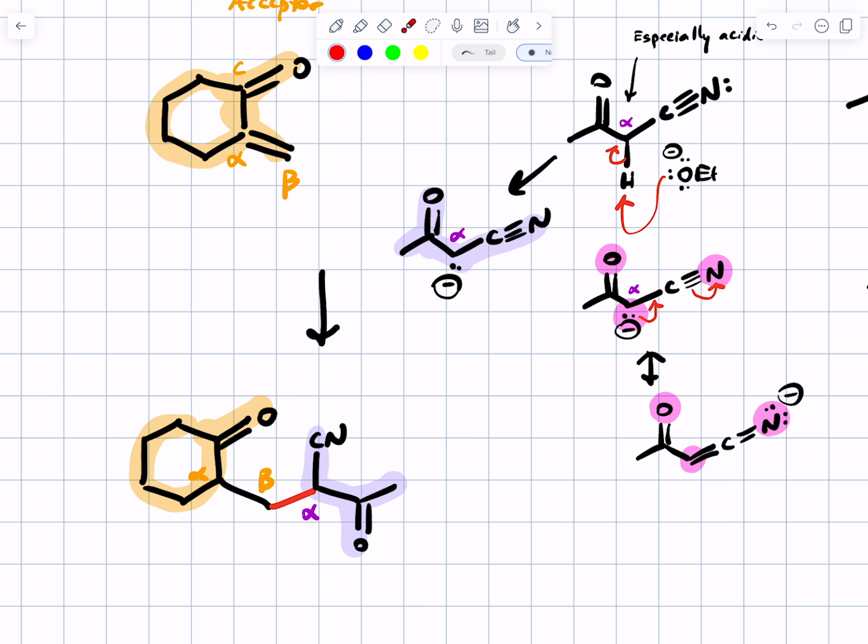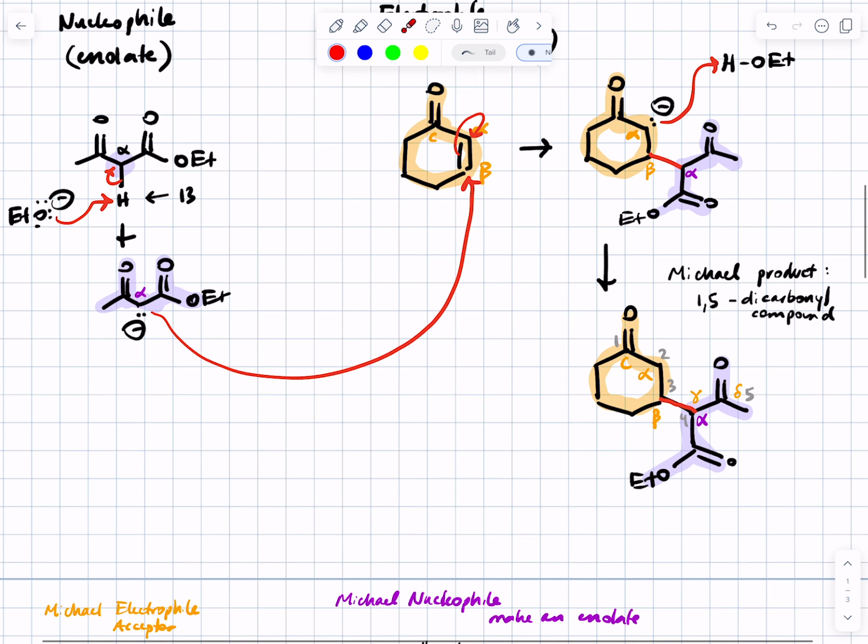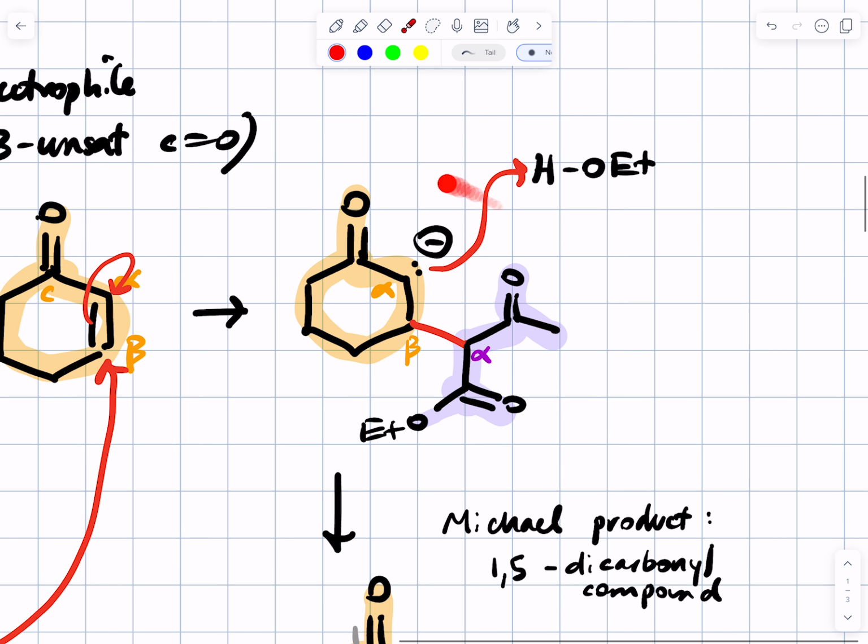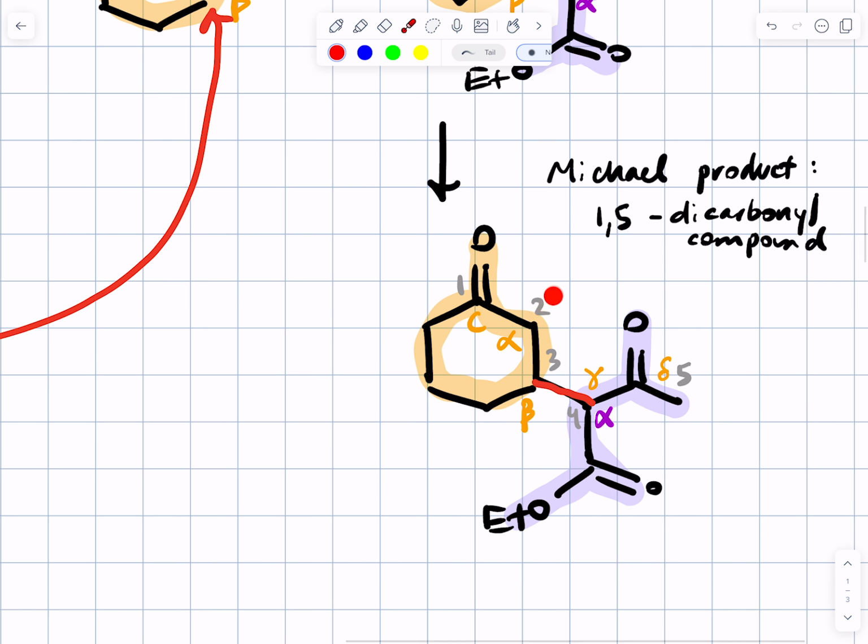Yes, you're right, and that's what we would do if we were drawing the mechanism. I was just showing you what the final product was. Remember, in the mechanism, this isn't the exact same thing, but this is the intermediate you're referring to, and that gets protonated in the next step. And so the product no longer has a negative charge on the alpha carbon.